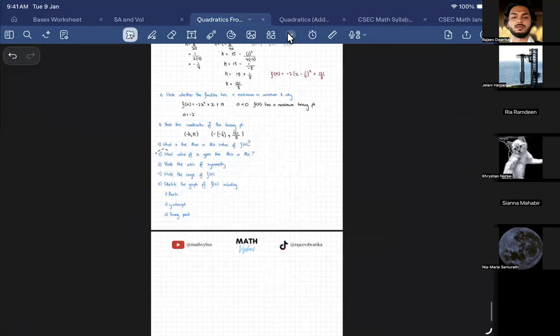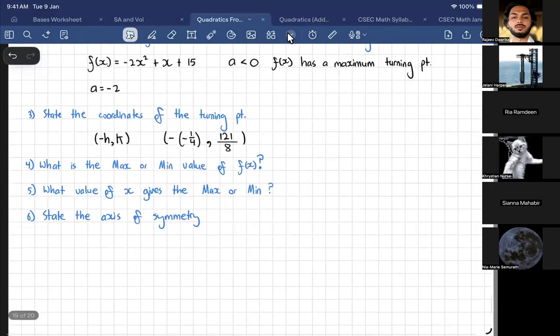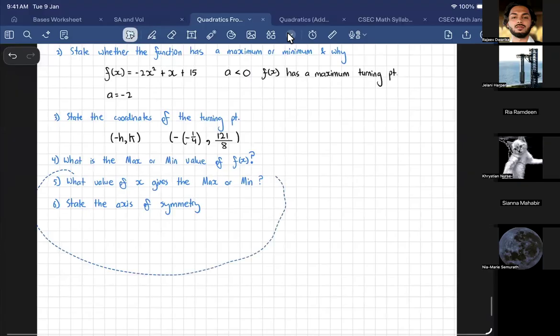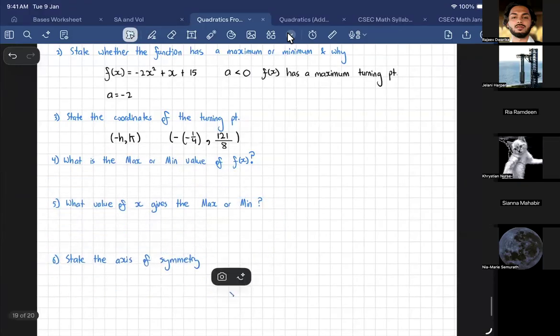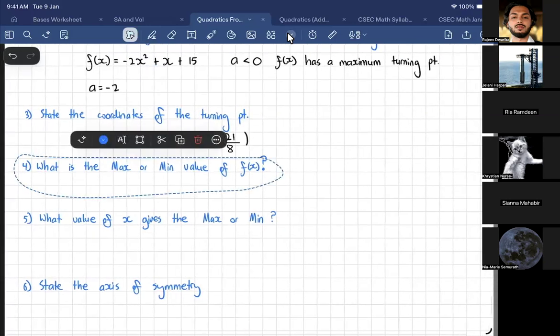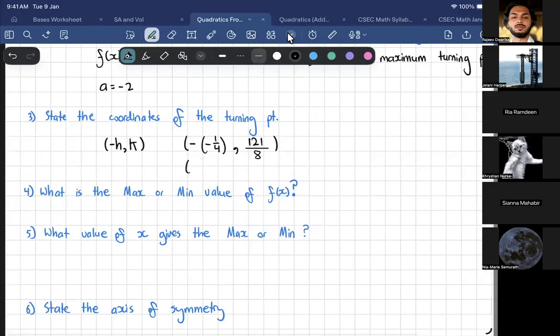Let me just make some space quickly. All right. So if we simplify this, Sienna, my turning point is just going to be a quarter, comma, 121 over 8.